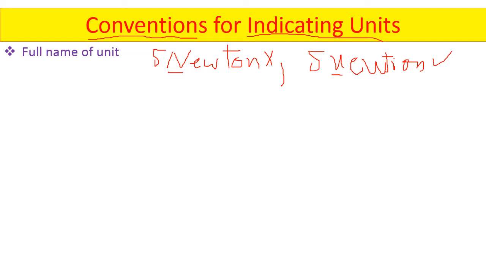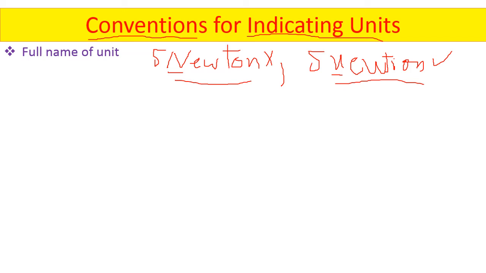In this example, this Newton is representing the name of the scientist, and in this, newton is representing the unit. Let us take another example.